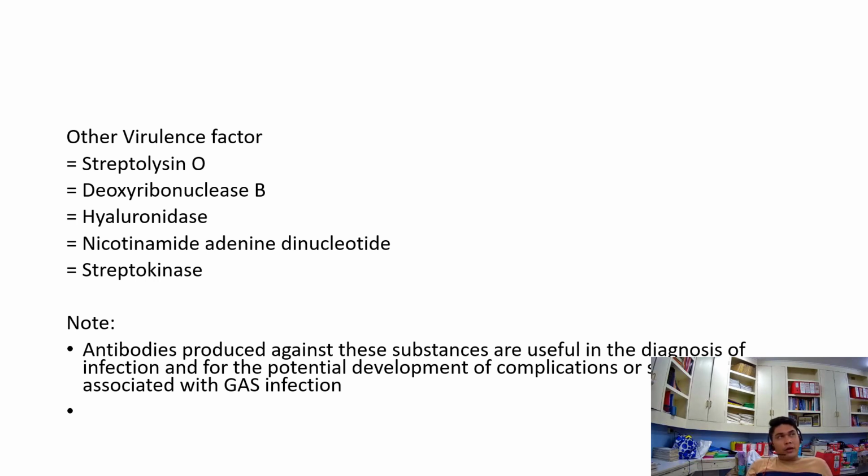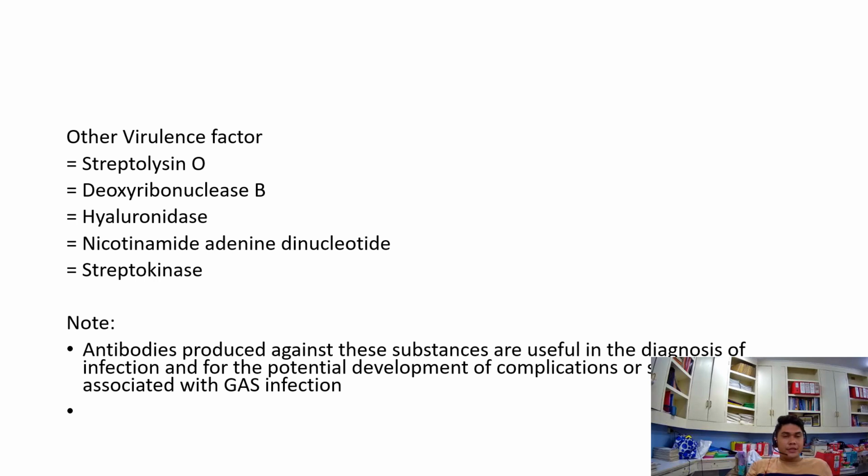Now, strep pyo is the cause of necrotizing fasciitis. In necrotizing fasciitis, you have fast spread of the skin infection, and that can cause amputation because there will be necrosis in the infected site.